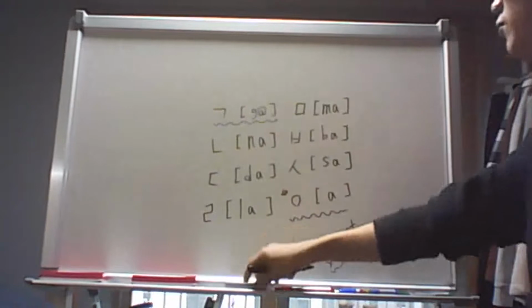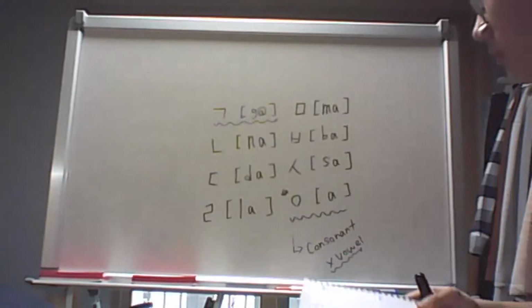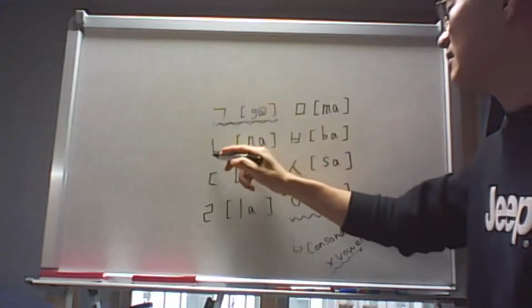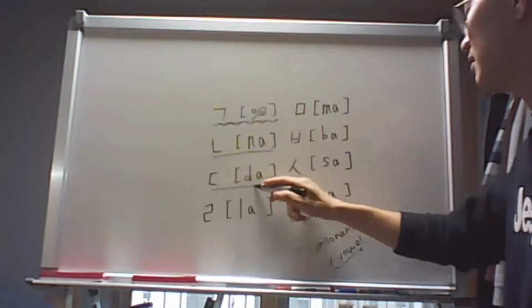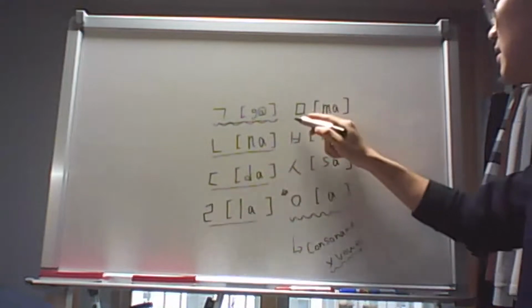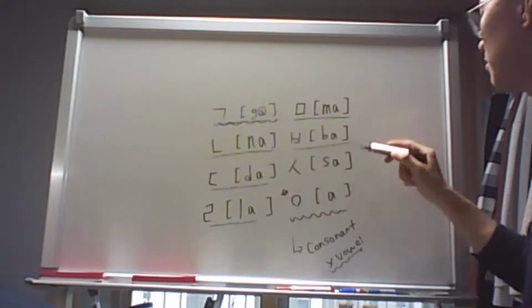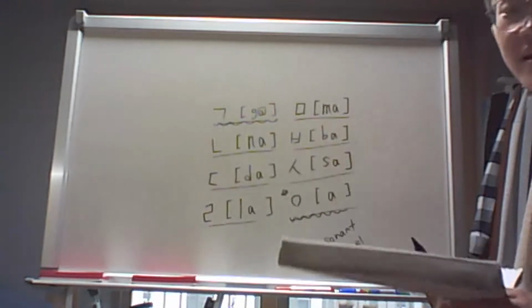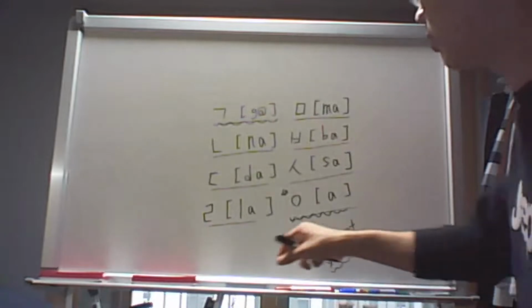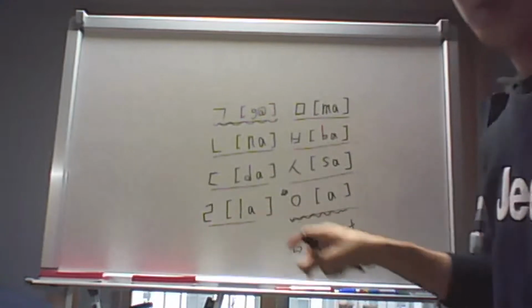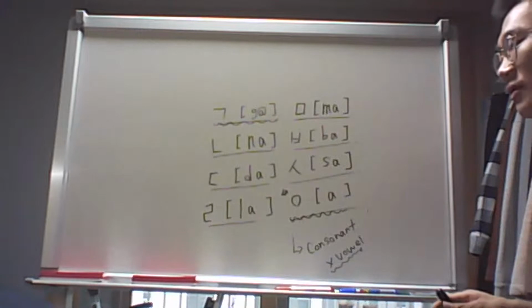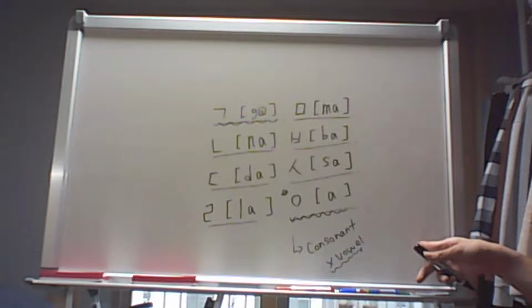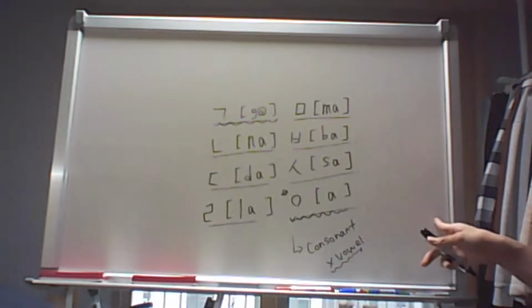So we learned 8 Korean consonants: ga, na, da, la, ma, ba, sa, ah. Let's do a bit more. You need to prepare your notepad and write it down.